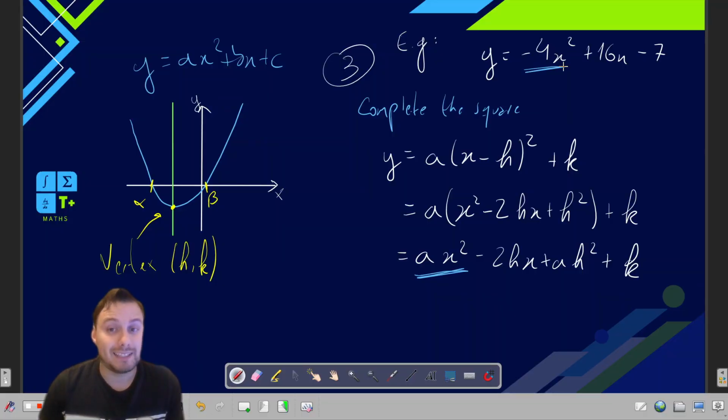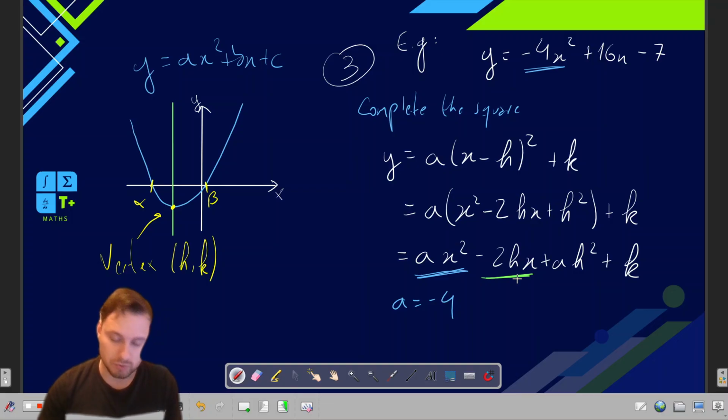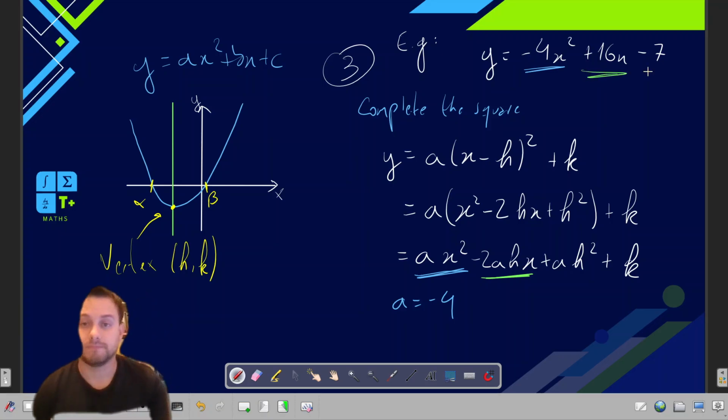It's quite straightforward, I believe, that the value for a must be negative 4. Now, the term with linear x here is negative 2hx. This should have an a, sorry, I forgot that; this would be negative 2ah.